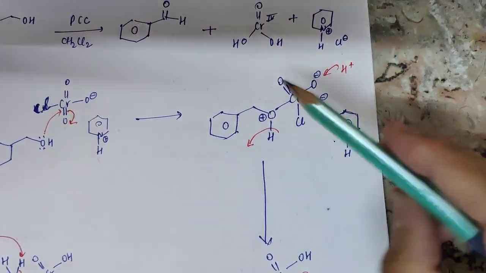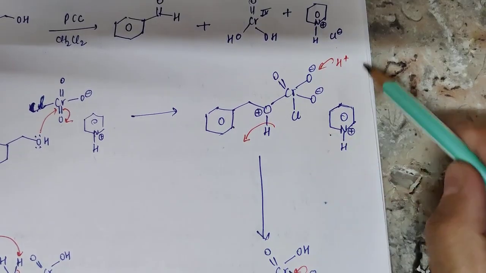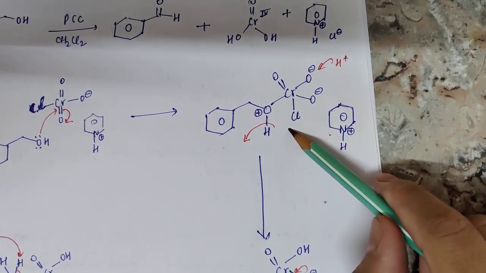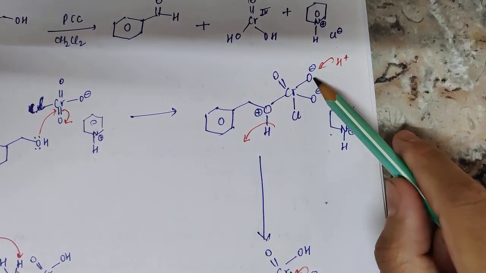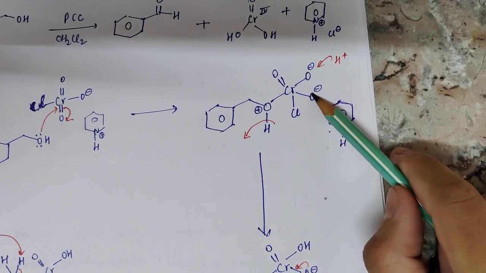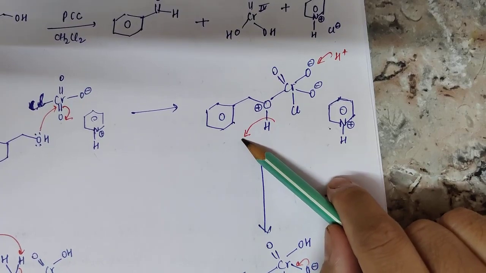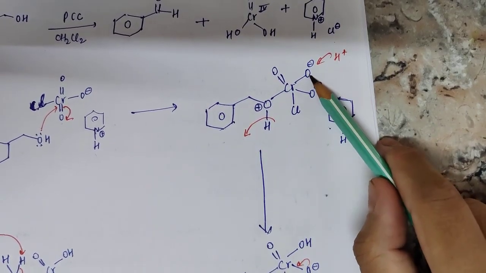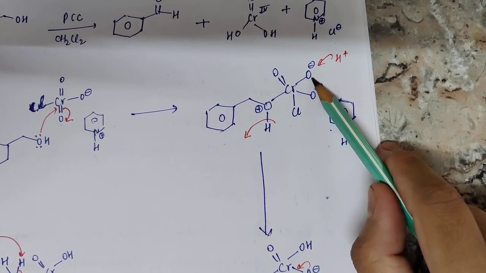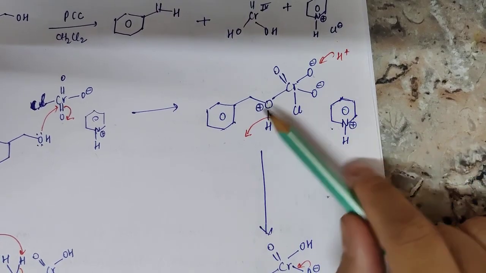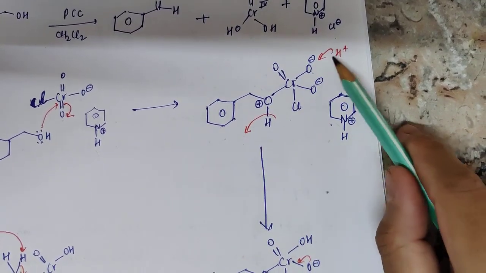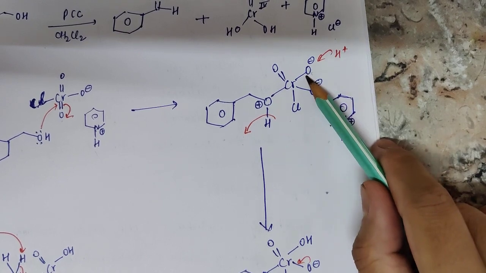So this kind of adduct is formed here. This proton will be lost to the solvent and one of the negatively charged oxygens will take up a proton from the solvent.